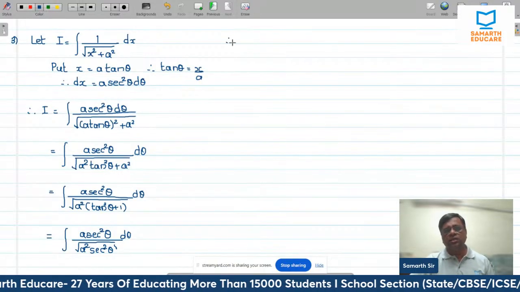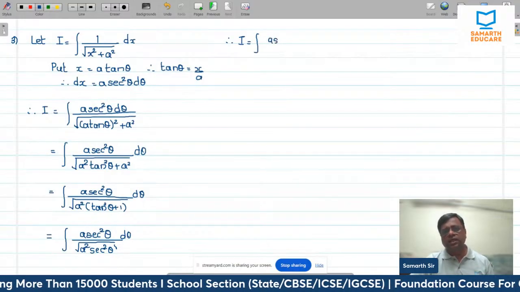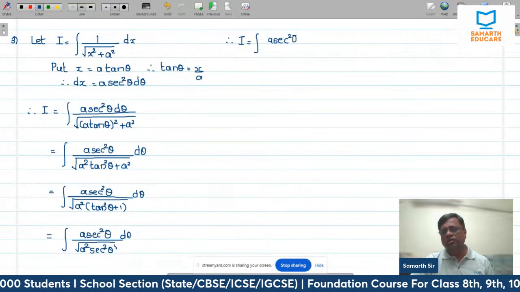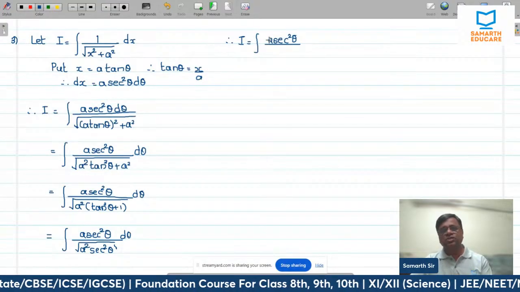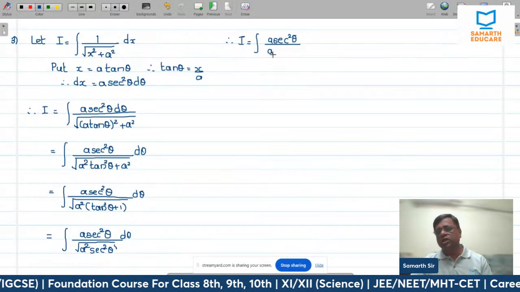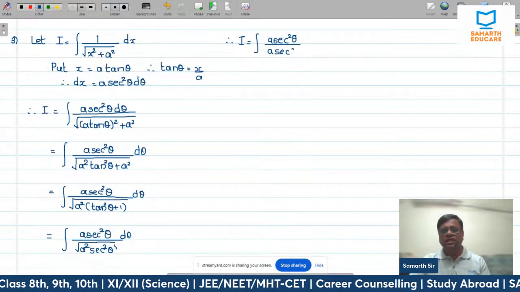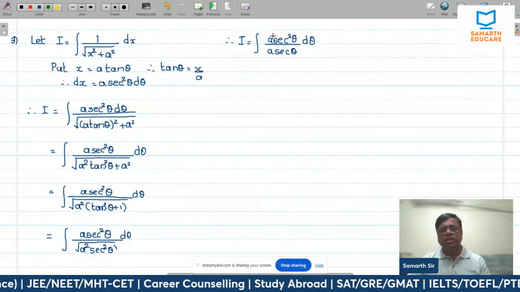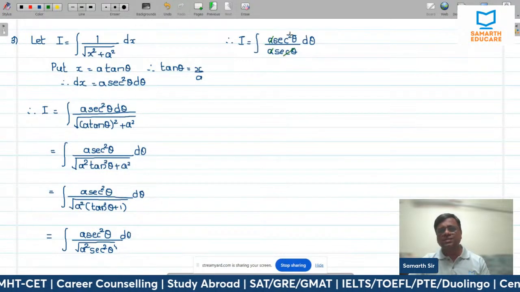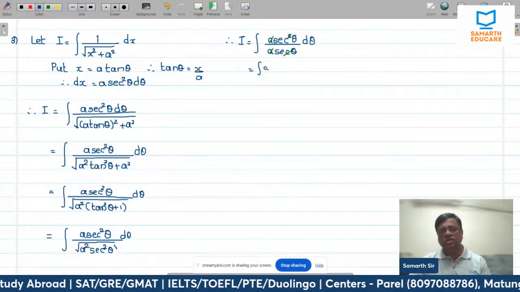Now I is equal to a sec square theta divided by, in the denominator, root of a square sec square theta, root of a square is a, root of sec square theta is sec theta, d theta. Now what happens in this is a and a gets cancelled, one sec theta gets cancelled. So finally I have integration of sec theta.